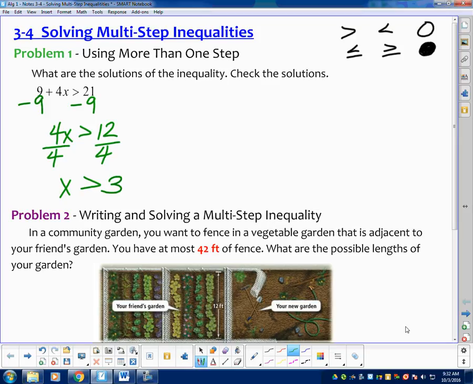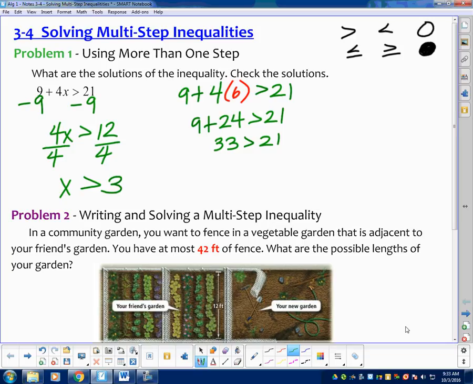Okay, so if I put in a 6 for the x, is that greater than 21? Well, yeah, because 6 times 4 is 24, and that's bigger than 21. 9 plus 24, which is 33. Is 33 greater than 21? Yes, so it works.